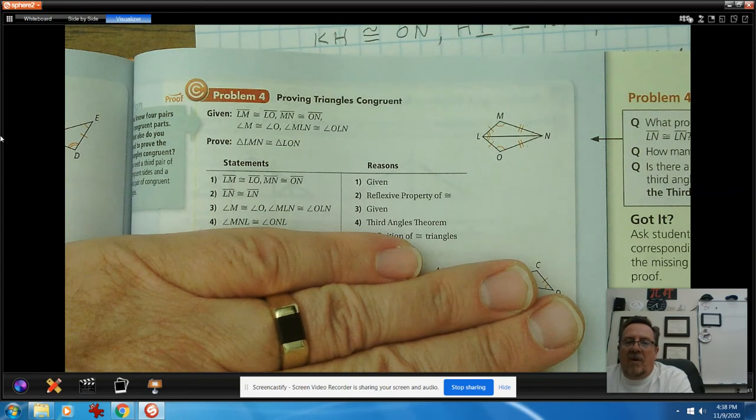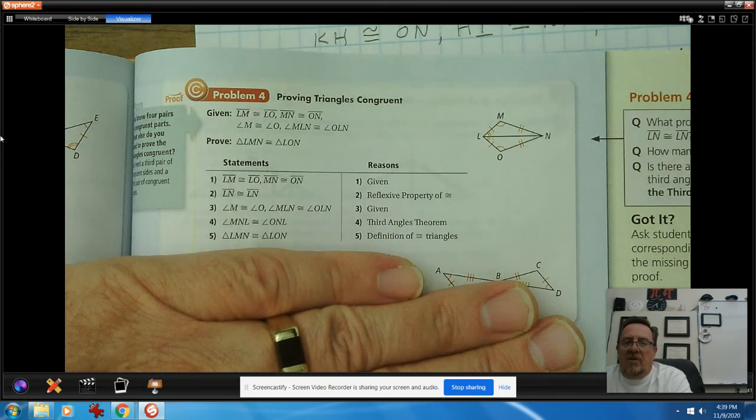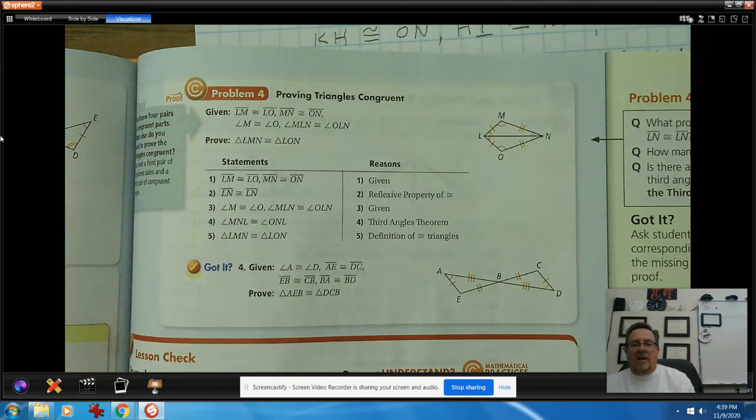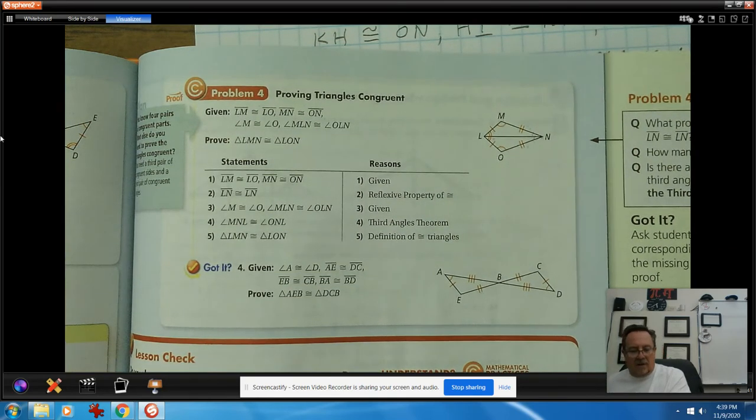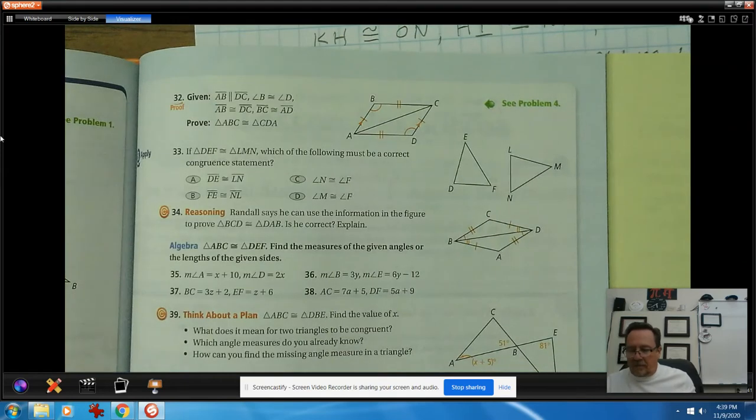Okay? So once they've got that, they have all 6 parts of one triangle are congruent to all 6 parts of another triangle, and therefore those 2 triangles are congruent by the definition of congruent triangles. Okay? It's just that simple. Proofs aren't hard. You just have to think a little bit.